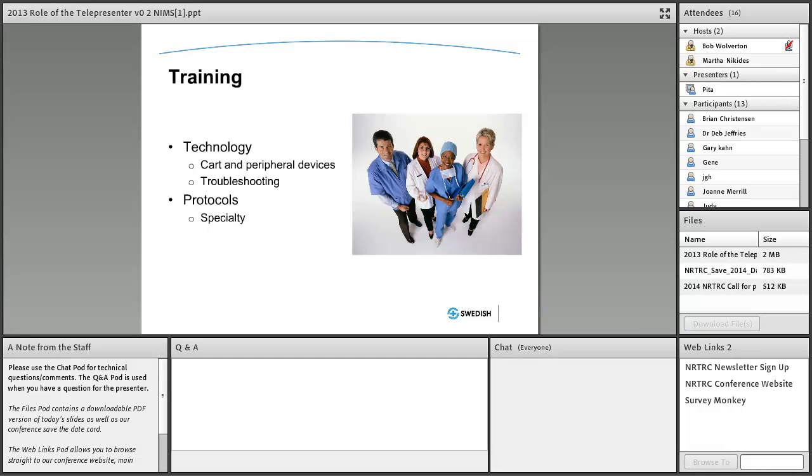Even though we may have a teleneurology consult, a telehospital consult, a telewound consult, a telepsych consult, there's not going to be a lot of variance between the different protocols once you have a more complex protocol established, such as teleneurology. So the training to the protocols is pretty simple. The simpler aspect of it is really getting the staff members comfortable with the cart, the peripheral devices, and the workflow, transitioning back and forth between those different tools.